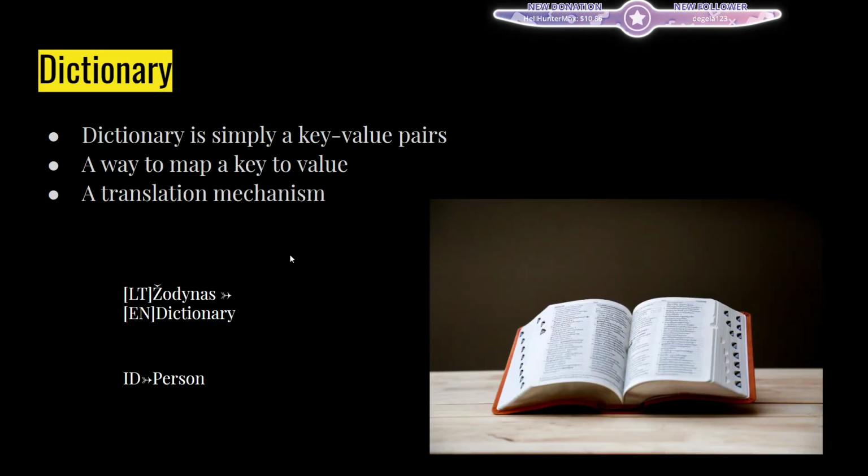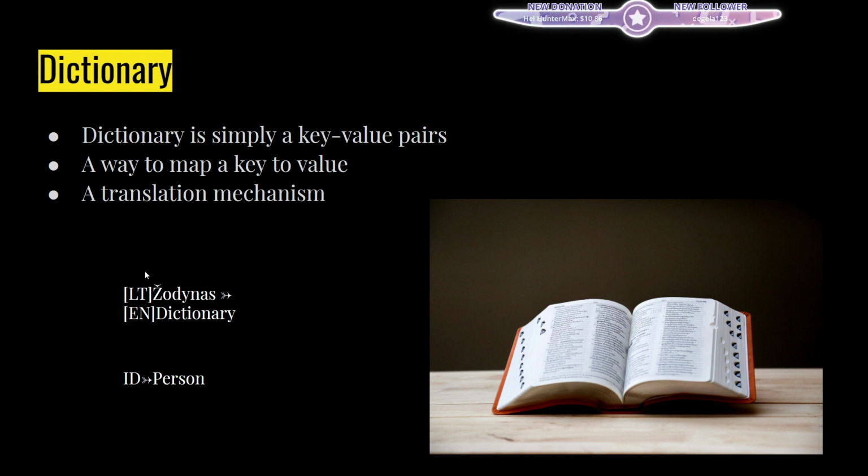And now just a notable mention, dictionary. So what is a dictionary? A dictionary is a key value pair. So it means if you pass a key, you get a value based on that key. And it's used basically as a translation mechanism.